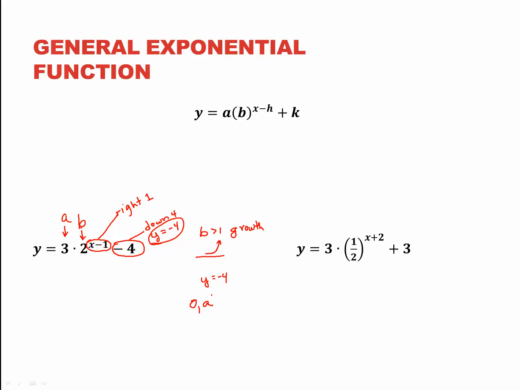And 0, comma a is the intercept. What is a? A is a 3, but I'm moving right 1 unit, so +1. And I'm moving down 4 units, so -4. So it's 1, and 3 minus 4 is -1. So the actual point that's on the graph is 1, -1.